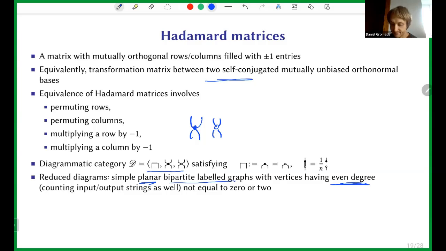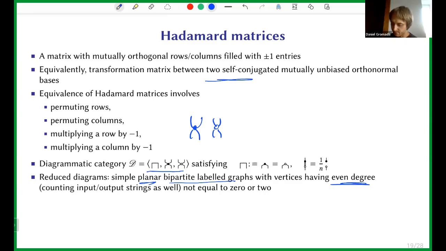And again, you find out that this description is faithful, because if you consider diagrams with 0 inputs and 0 outputs, those are simple planar bipartite graphs with vertices having even degree, not equal to 0 or 2. There is no such graph, and therefore reduced diagrams are just numbers.